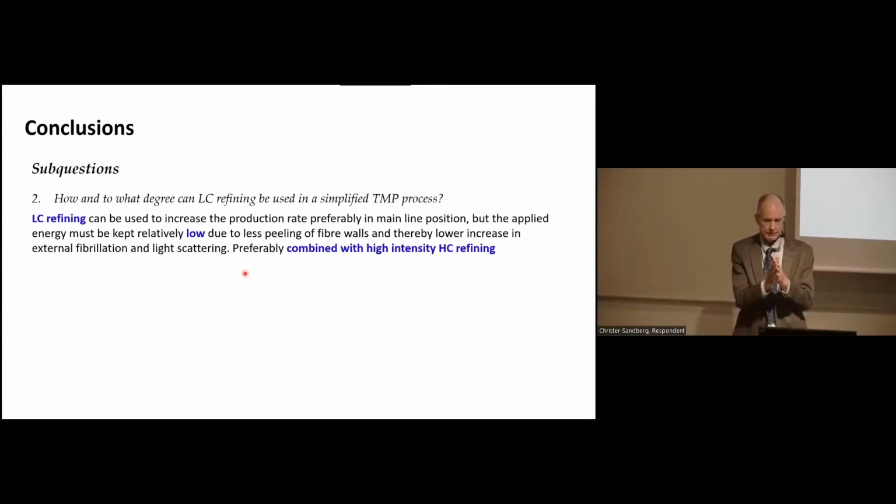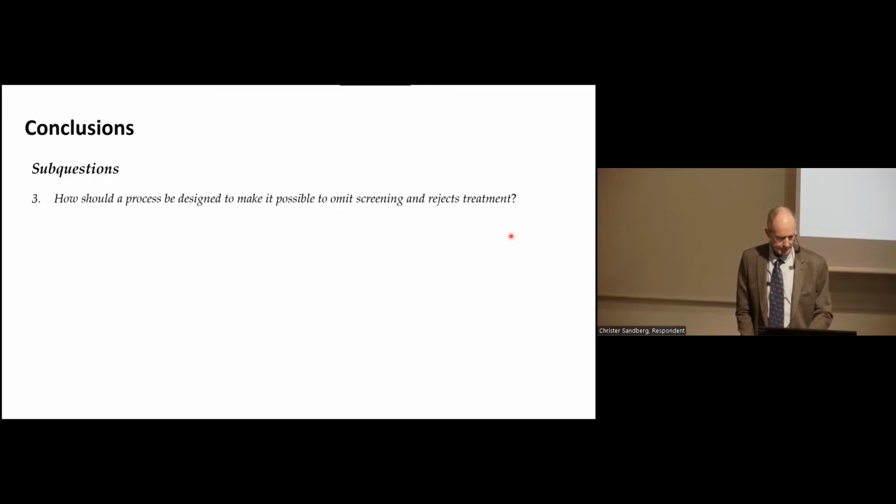If you have a double disc refiner, back it off to have higher freeness, and then you do LC refining, you come back to the same point. You have not saved any energy. But if you increase the production rate, and then put LC refining, the total efficiency will be improved. And it's preferable to combine low consistency refining with high consistency refining.